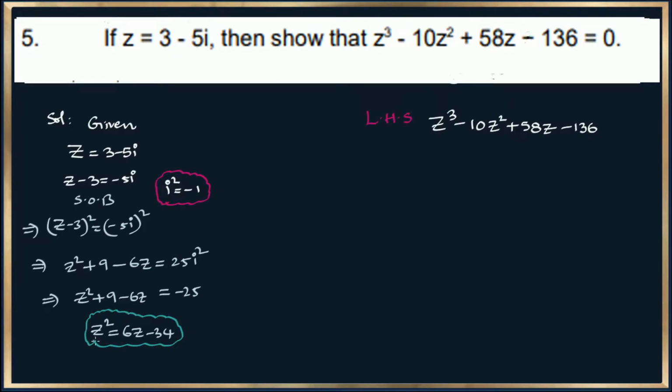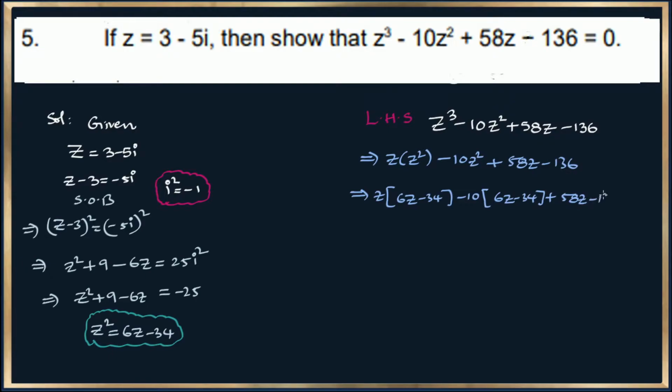What is the value of z square? 6z minus 34. Now, our LHS is z cube minus 10z square plus 58z minus 136. This z cube can be written as z into z square. Yes, z into z square is z cube, minus 10z square plus 58z minus 136. Now substitute the value of z square. That is 6z minus 34, minus 10 times, again the value of z square is 6z minus 34, plus 58z minus 136.